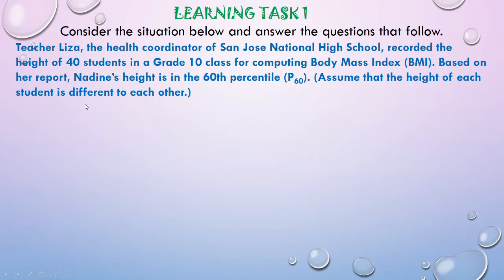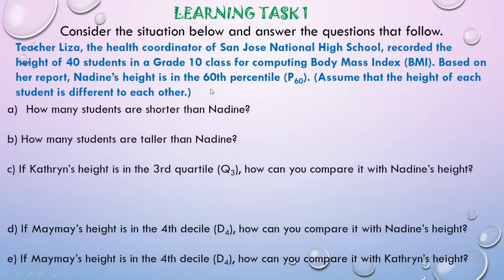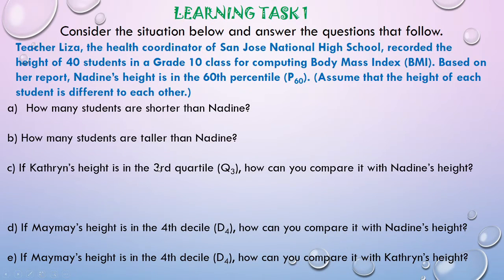Assume that the height of each student is different to each other. Ito pala yung mga tanong. Sagutan natin yung 5 tanong. Una muna, how many students are shorter than Nadine?